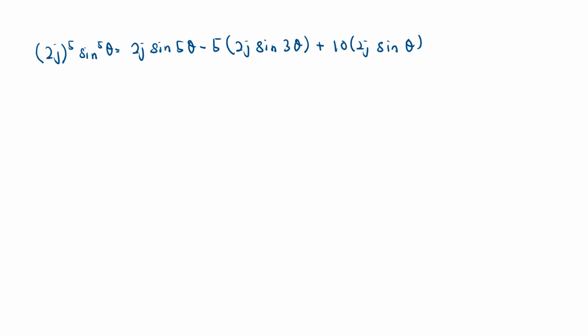From the previous slide, 2 power of 5 is equal to 32.